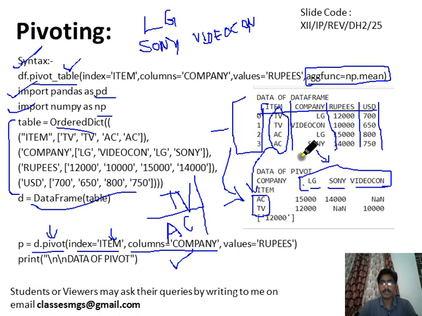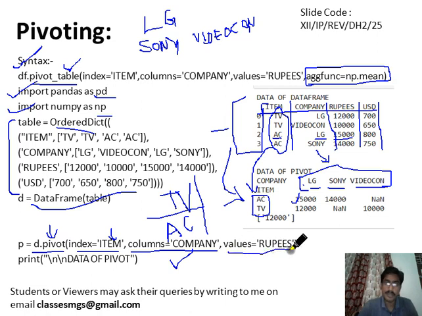Okay, got it? Keep this in mind while writing, don't write duplicate values here. Now we will fill up the entries like AC LG. What is the value for AC LG? AC LG is only 1 time and we have the value 15,000. So 15,000 will come here.